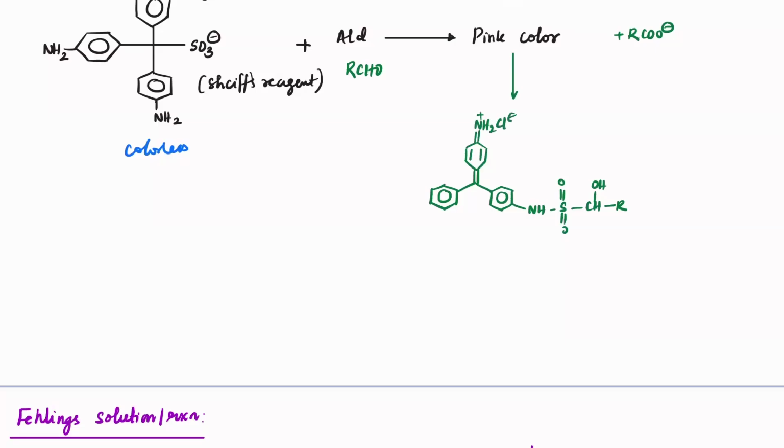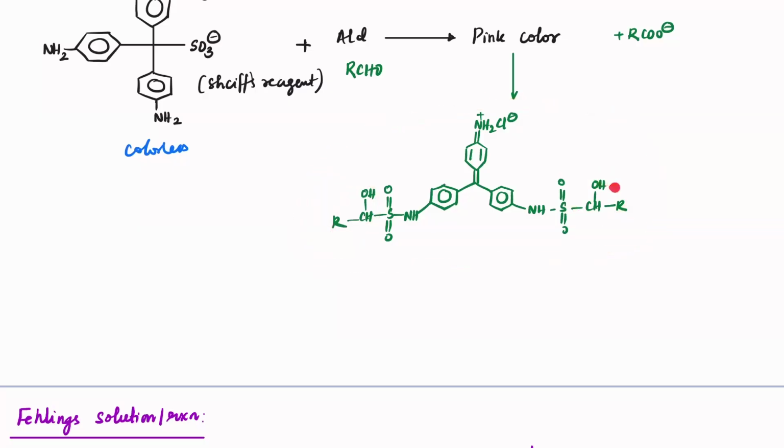Because of this non-benzenoid structure only, we will have that color formation. So NH, S double bond O double bond O, CH, OH, and R. This is how the aldehyde will get added to the sulfur side, which gives the color.